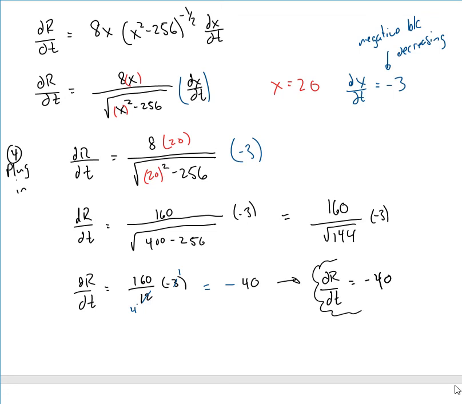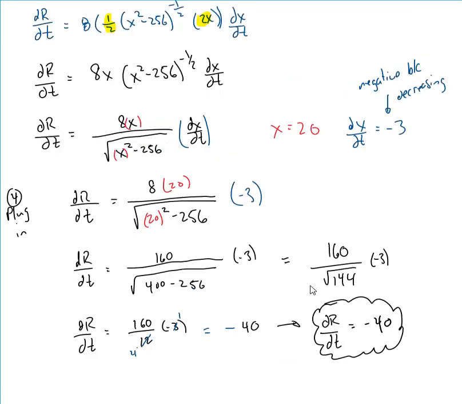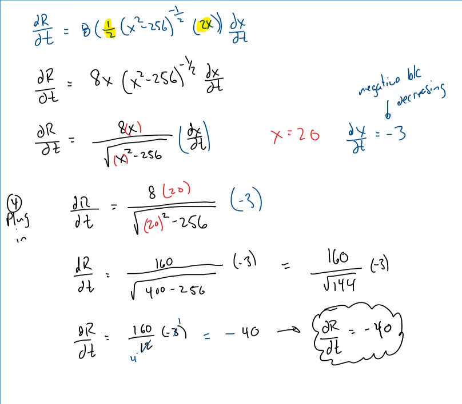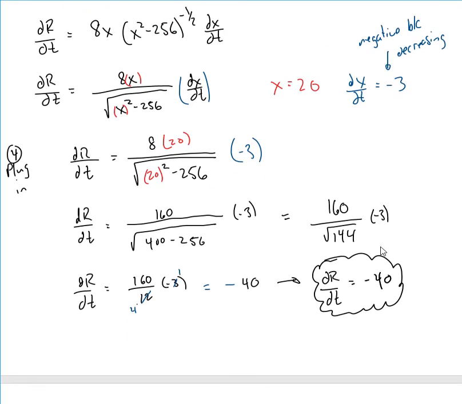Again, I'm going to cloud it, but often they want to know, hey, what does that mean in words in these application problems? So R is the monthly advertising revenue, and monthly circulation X, related approximately by this equation where R is given in thousands of dollars. So what this means, this is negative $40,000. So we've got the change in revenue.